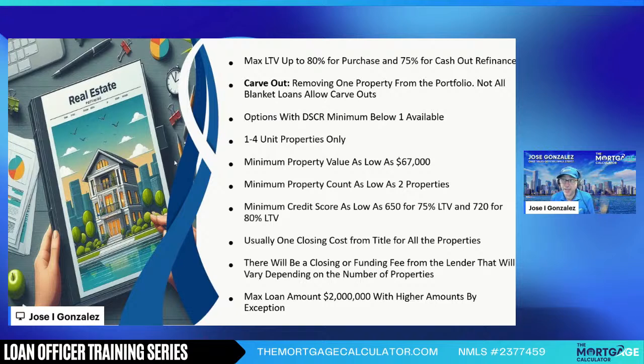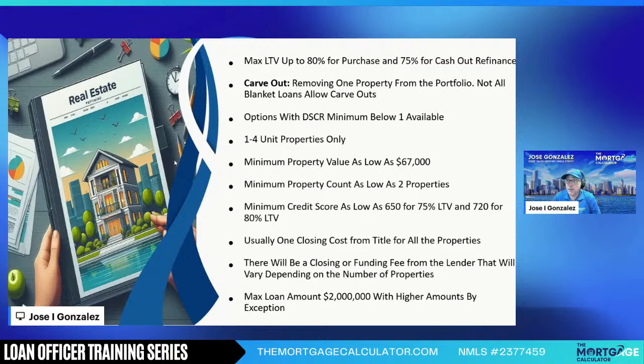The one that goes up to 80% LTV does require a minimum $100,000 property value. Now, minimum credit score is 650 for the 75% LTV option, and 720 if you're looking for the 80% LTV option. Minimum 720 on that one.